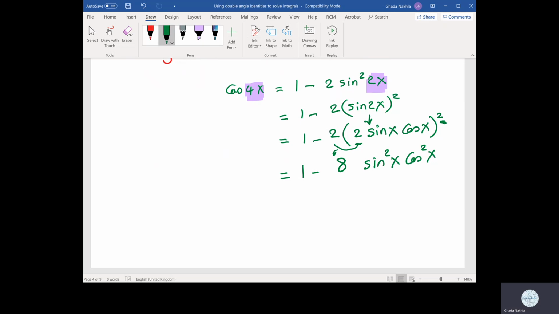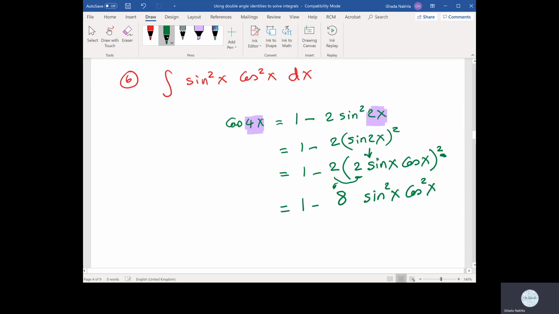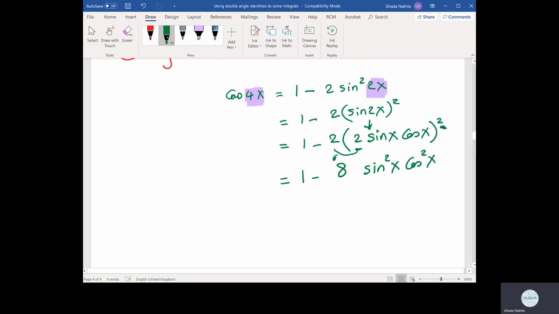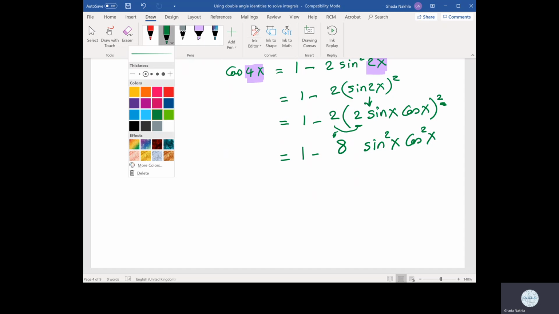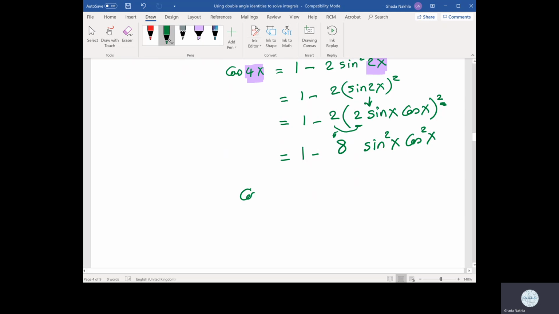Okay, so let's compare this to my question. Let's manipulate it a bit further before I go back to the question. Let's write the cos 4x on the other side.